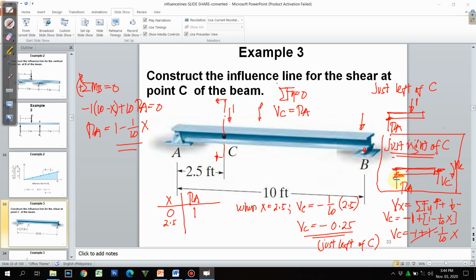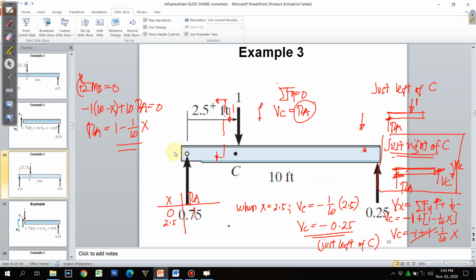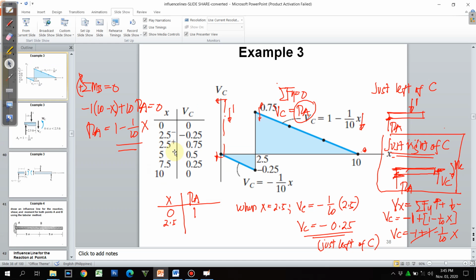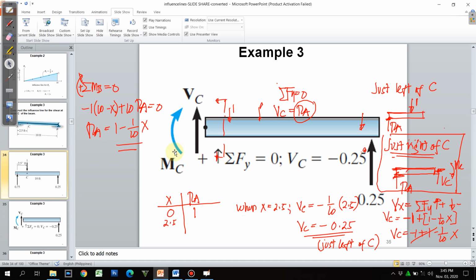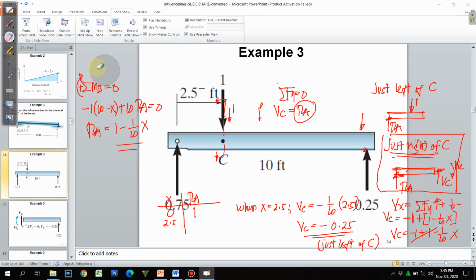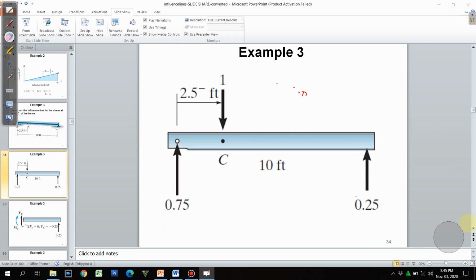It is not changing. So therefore, along span CB, we have a constant value of reaction at A. VC is equal to reaction at A. So moving on, this is also emphasized here in the slide.